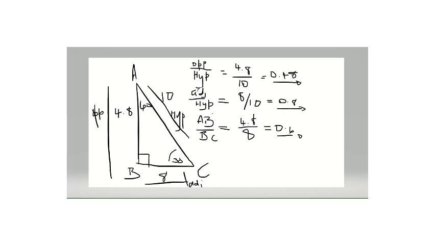What about AB over BC? We're going to change this. AB over BC is going to be opposite over adjacent.